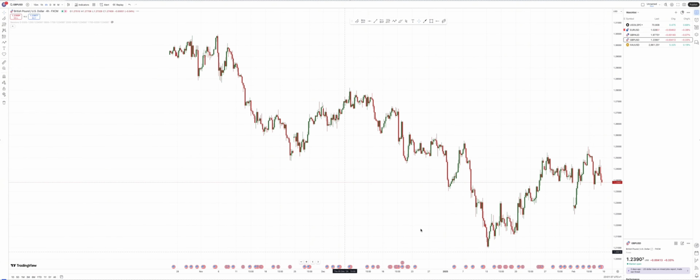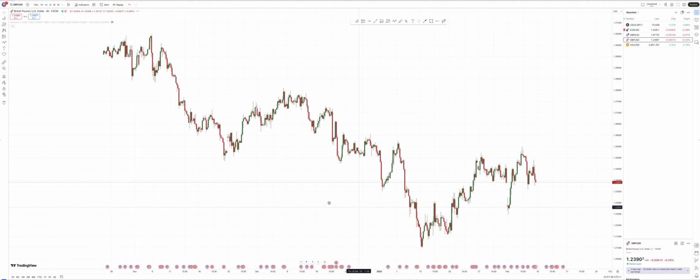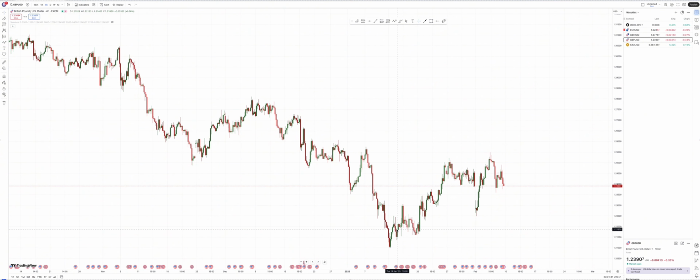Looking at this chart from this point here, what I'm seeing is an uptrend. So I have this trend line here.